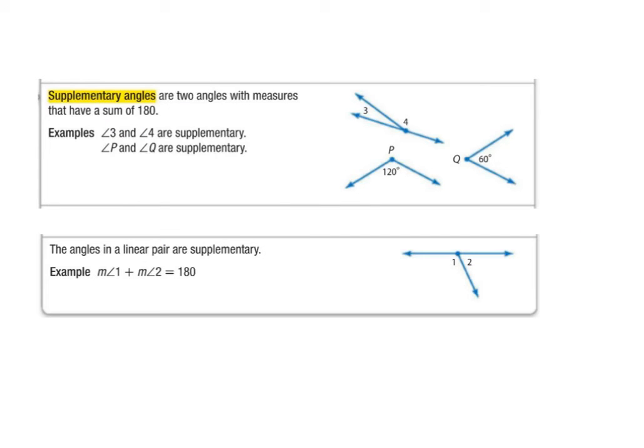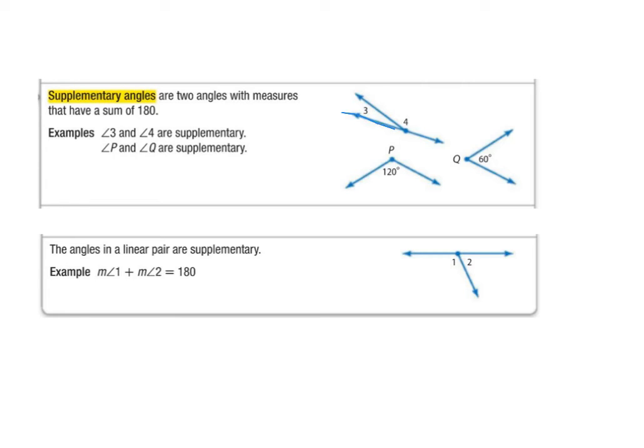Now, this is where it can get a little confusing because supplementary angles is the same idea like complementary. The only difference is that the two angles will form to have the sum of 180 degrees. So 180 degrees is basically a straight line.